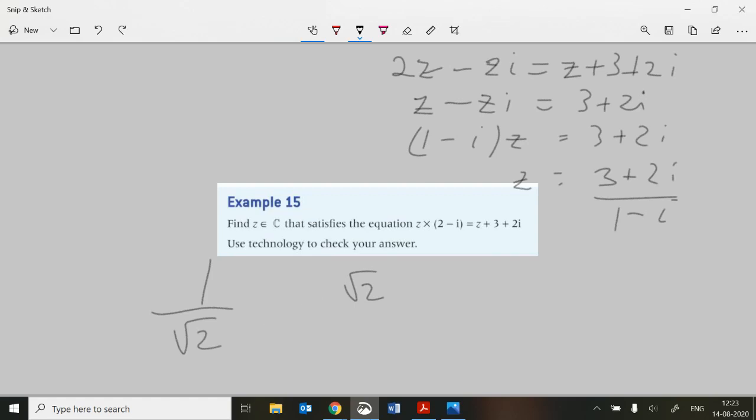And just a recap on this, if we had 1 plus the square root of 2 here, then we'd need to times by 1 minus the square root of 2, the conjugate of this number involving surds. And 1 minus the square root of 2 on top.